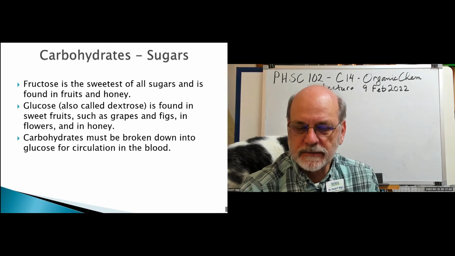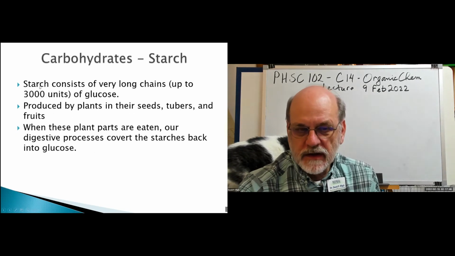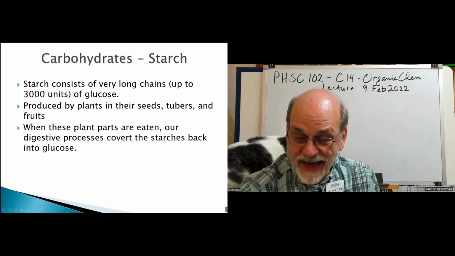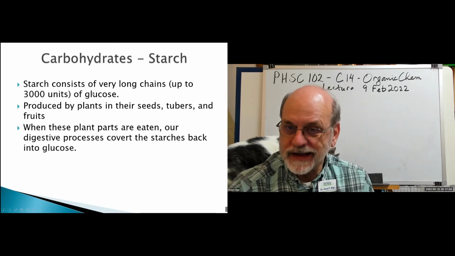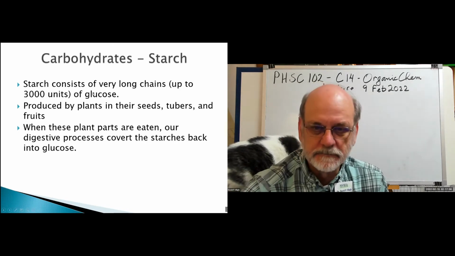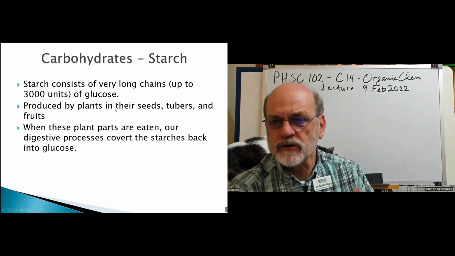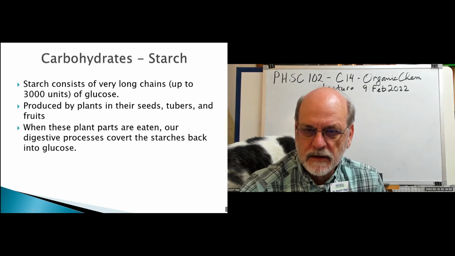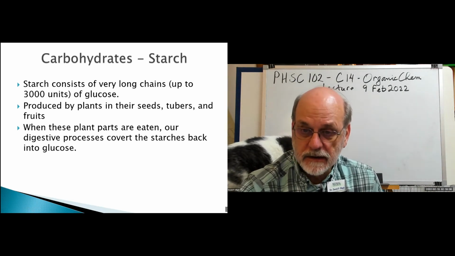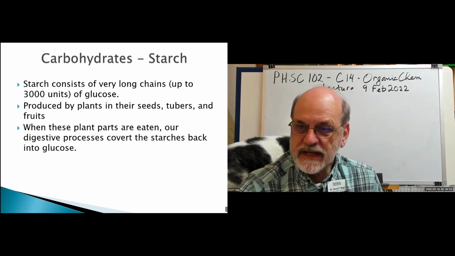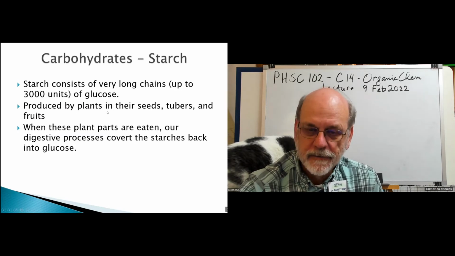We call them polymers. So this long chain, this starch, has approximately 3,000 units of glucose strung together. It's produced by plants. It's an energy storage medium. Seeds, tubers, which are underground stems, like Irish potatoes, and fruits store as starches.